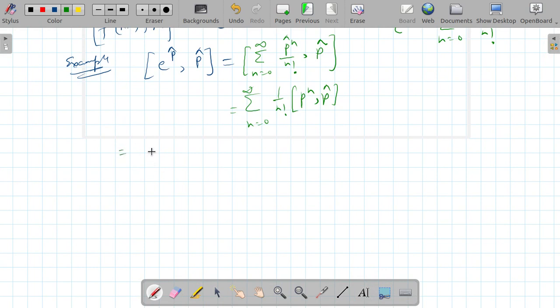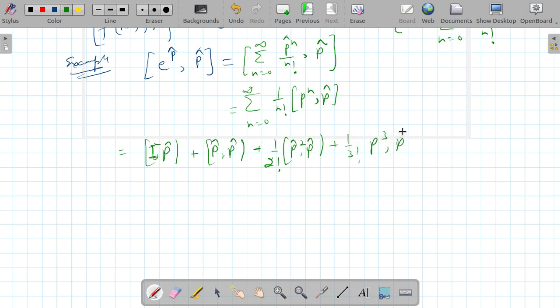Now if I put in values, first n equals 0, then it will be 1 times p, where 1 means identity. Then plus p with p, plus 1 by 2 factorial, 1 by 3 factorial, and so on.